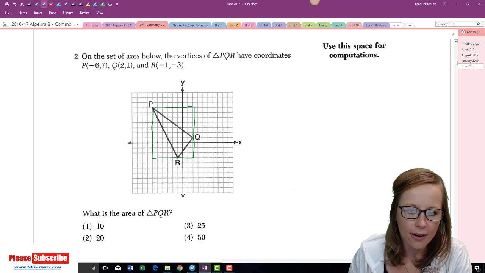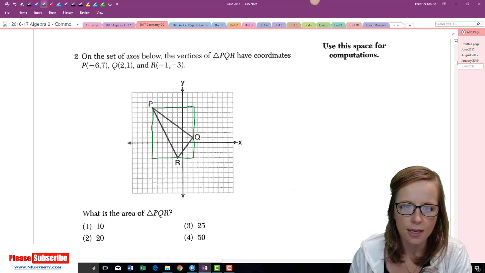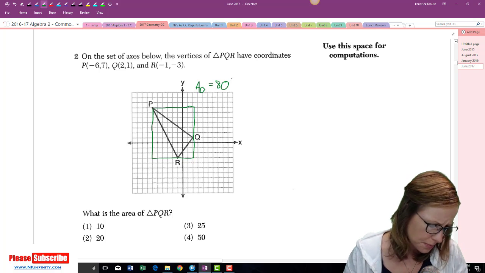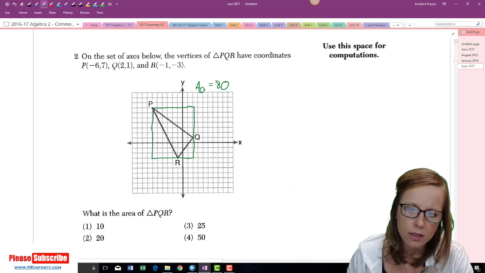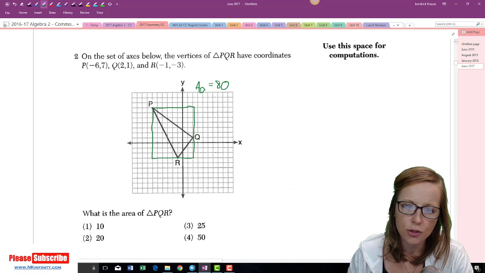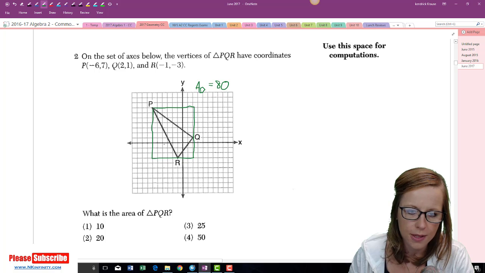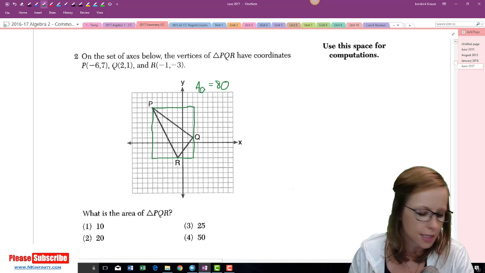I know the area of that rectangle is 8 times 10, so the area of the rectangle is 80. And then to find the area of the triangle, I'm going to figure out the areas outside it and subtract.